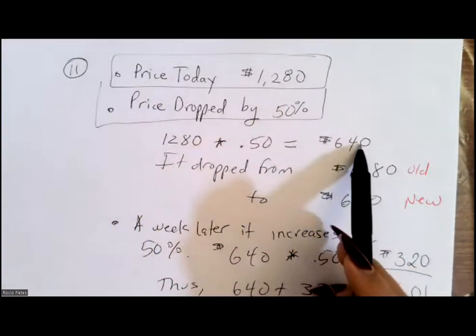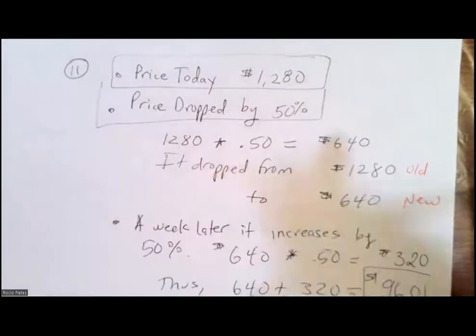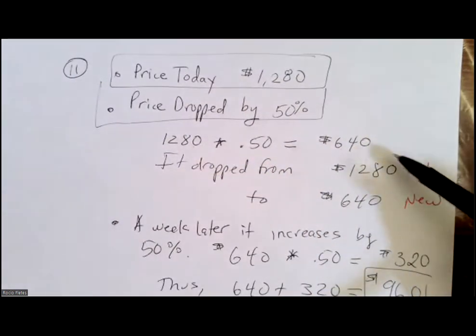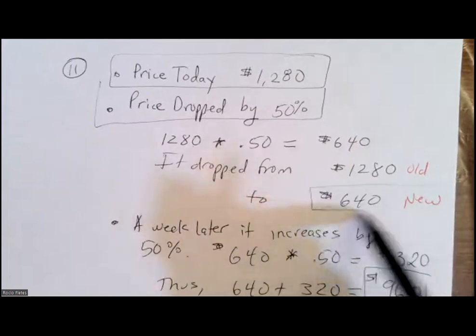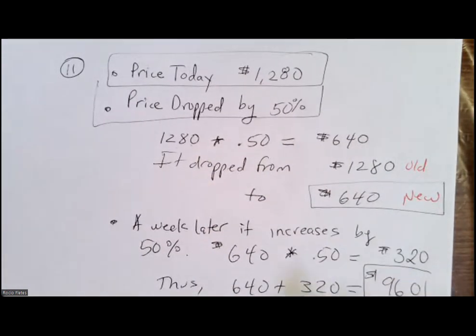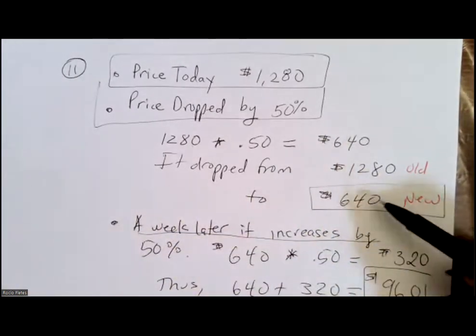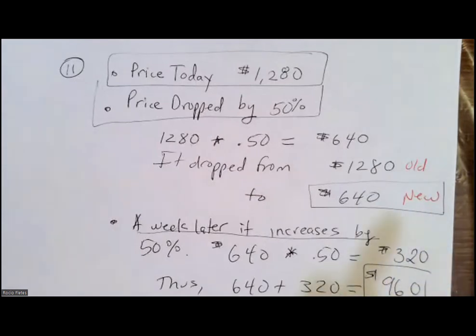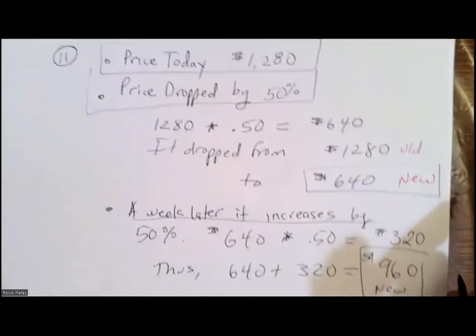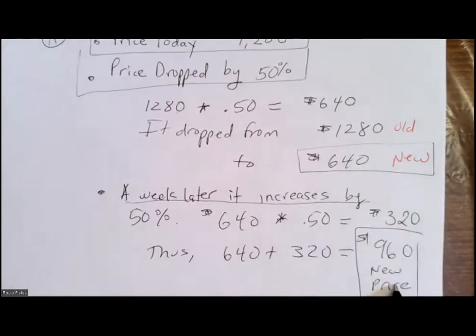That means you take 1280 minus 640, and when you subtract that, you get the new price of 640, because it's exactly 50%. A week later, it increases 50% from 640. Well, 50% of 640 is 320. So you have 640 plus 320, which gives you 960.